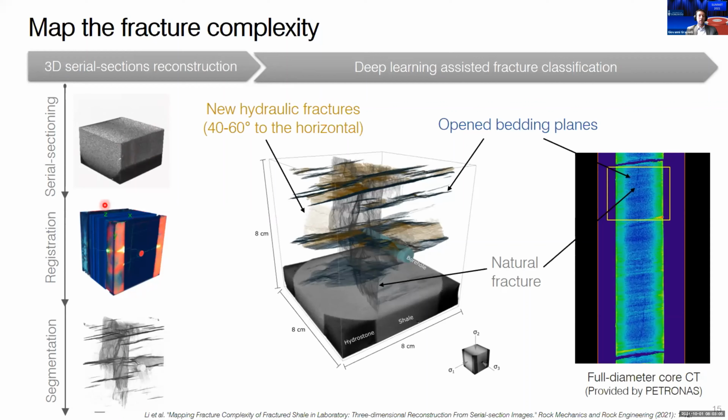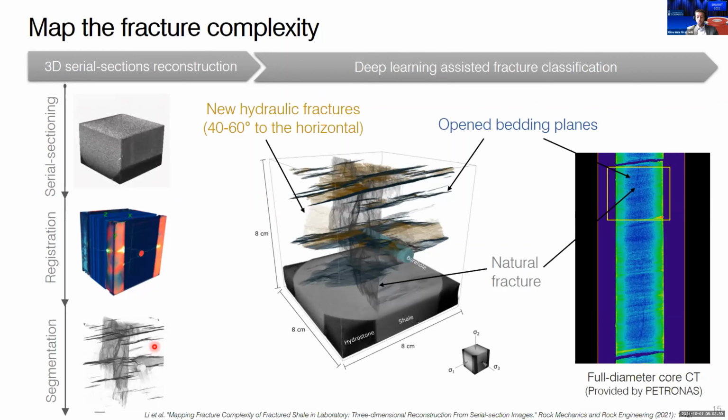By putting all those sections together, it's possible to reconstruct the fracture network present in our sample at much higher resolution than would have been possible with the current X-ray CT for the volume we are looking at, which is a cube of 8 centimeters per side.